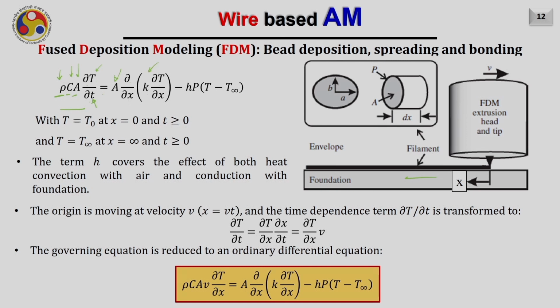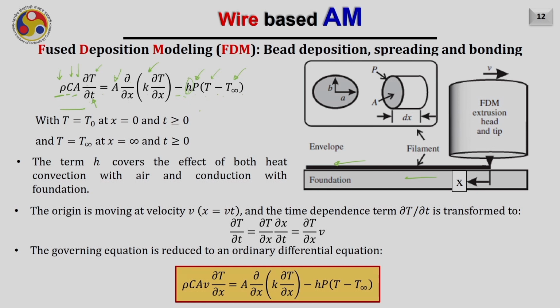So this is the conduction in the direction of the deposition, that is in the x direction, minus h P (T minus T infinity), that is the convection heat transfer, where h is the convection heat transfer coefficient, P is the perimeter of the cross-section of the deposited bead, and T minus T infinity is the temperature of the bead minus the infinity temperature. Temperature infinity means the room temperature.